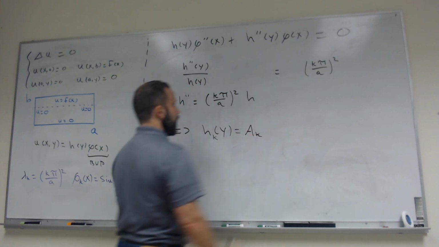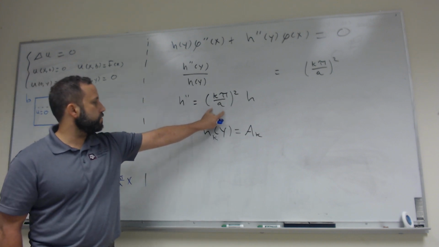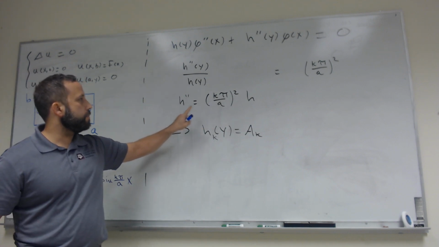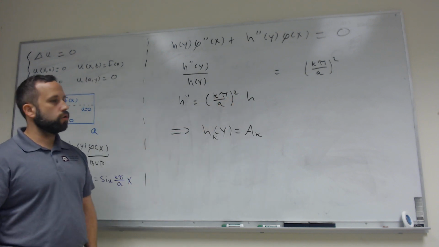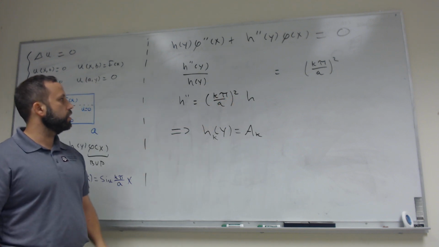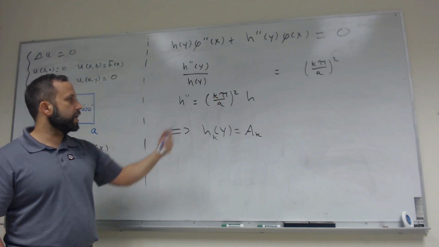Now here we're going to get something different. This is a positive number, so we have h double prime equals a positive number times h. Again, this is a second order equation. The characteristic polynomial is r squared equals some positive number, so we're going to get exponentials.